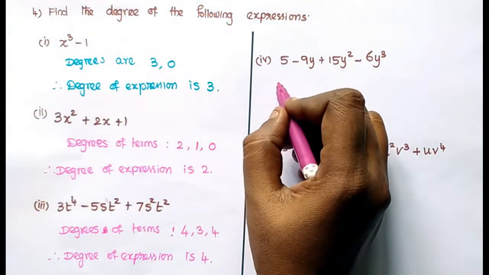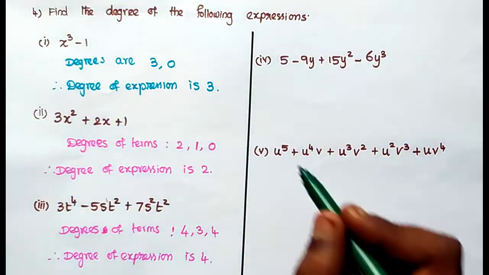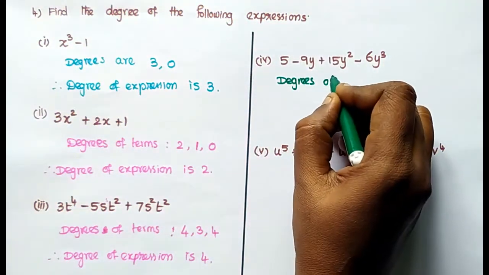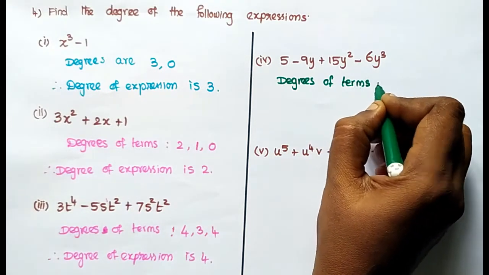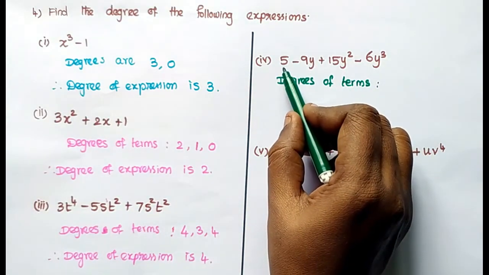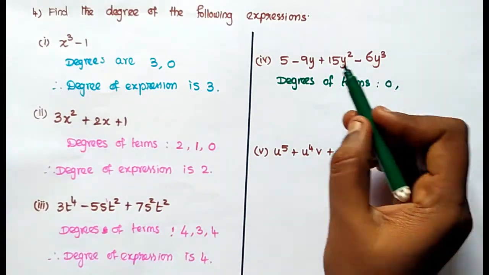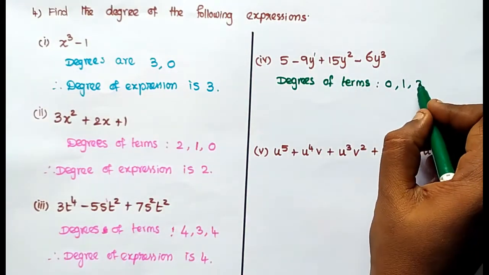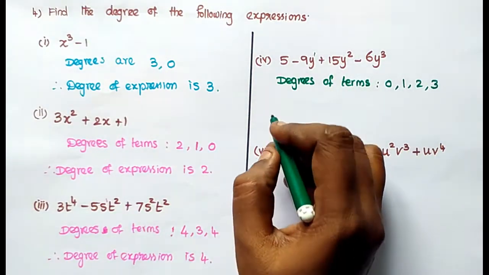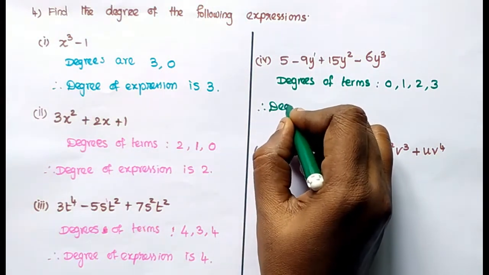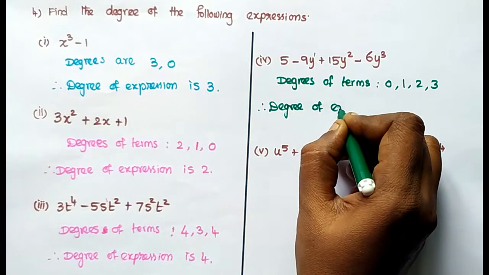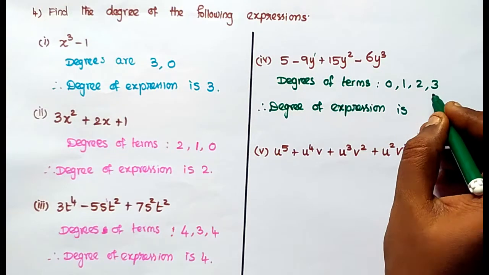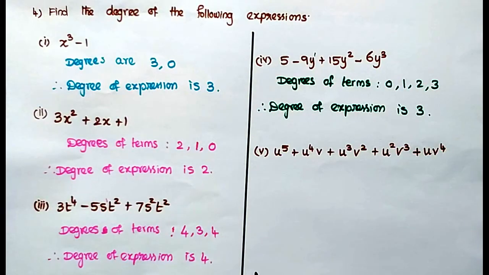Next one, degrees of each term. Listen, here the constant term, so 0 is the power. Next 9y, here only 1, and here 2, then 3. So, which one is the degree of the expression? 3 is the highest value. So, that is the degree of the expression.